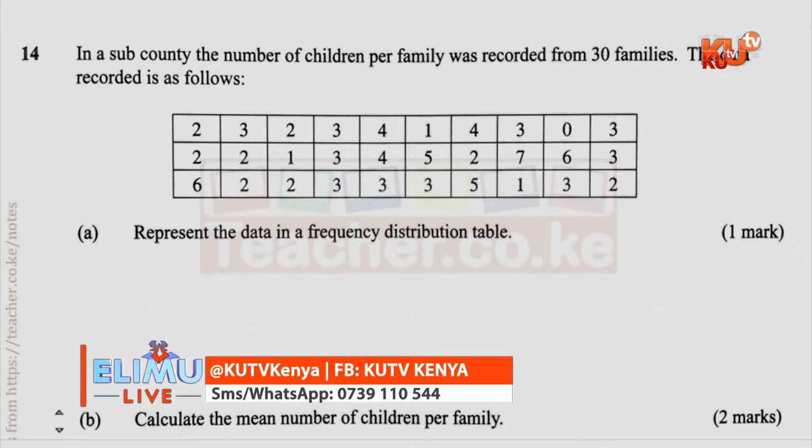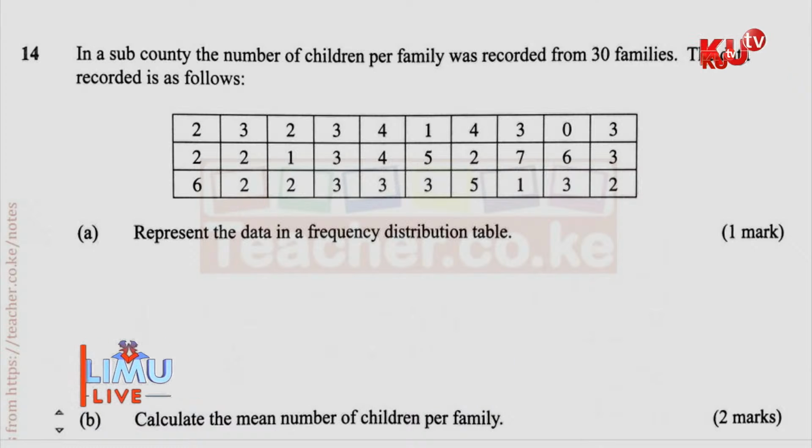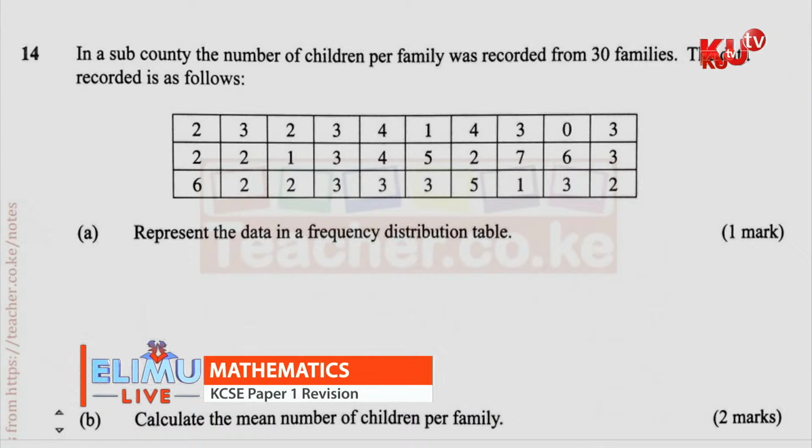Let's look at families with 2 children. Again, we get back into our table. How many times is 2 appearing in that table? When you do that counting, you'll get that 2 is appearing 8 times, meaning 8 families had 2 children each. Then families with 3 children, you remember that we have to go all the way to 4, 5, 6, then finally 7.